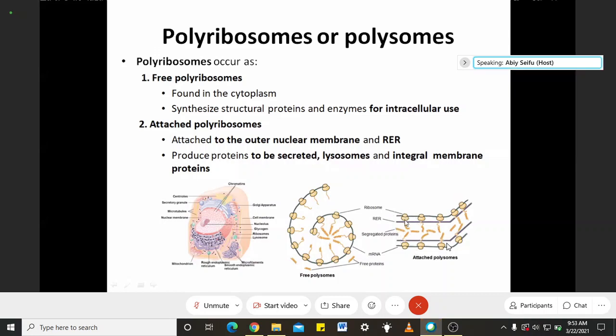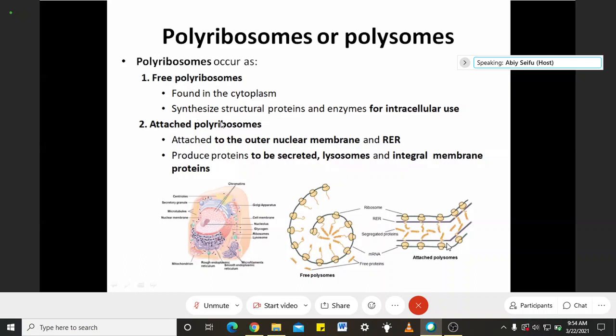Again, these are able to produce specific type of proteins. Such produced proteins are specifically for export, for release out of the cell, or to be integrated into plasma membrane, or to make specifically the enzymes of lysosomes.